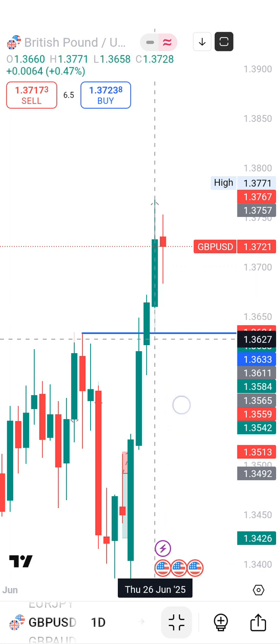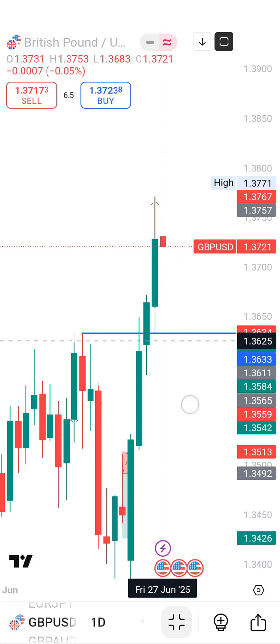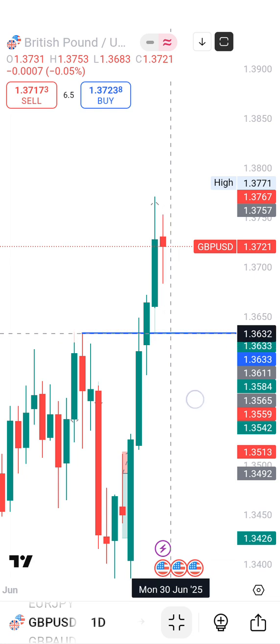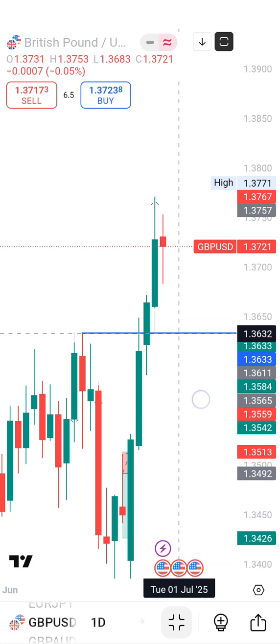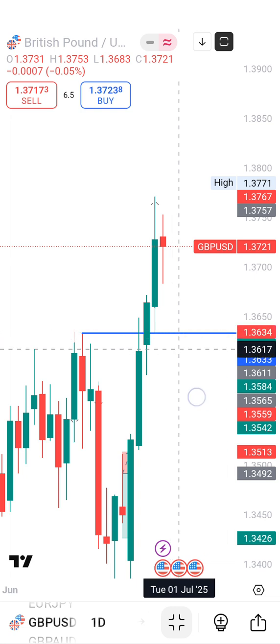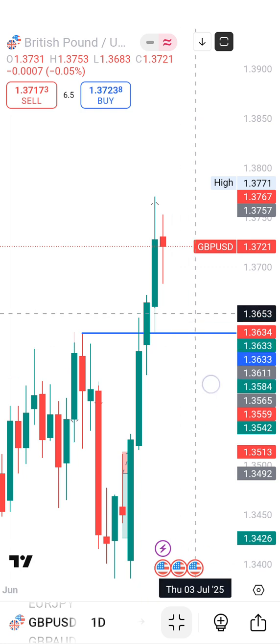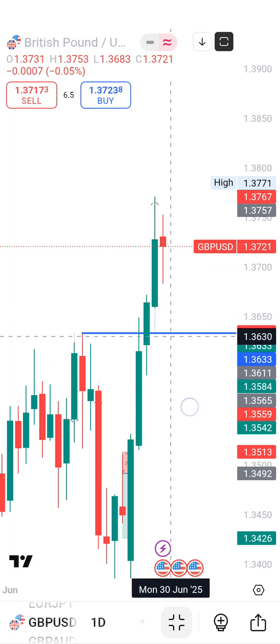But if price closed below this line that I just marked, if price closed, not wicked, if the body of the candle coming here closed below this line, what do you do? You should be able to wait for price the next day to take that low before pushing to the upside. You can replay this and probably you will catch it better.